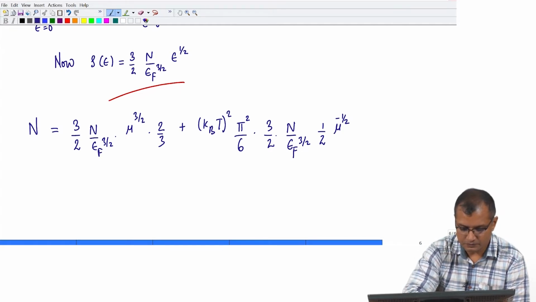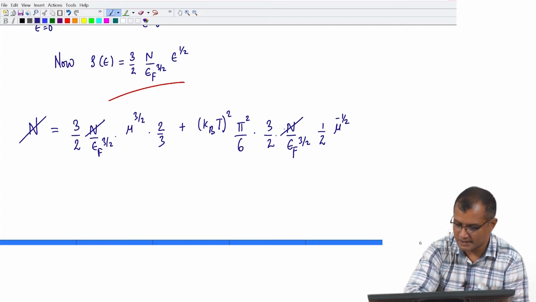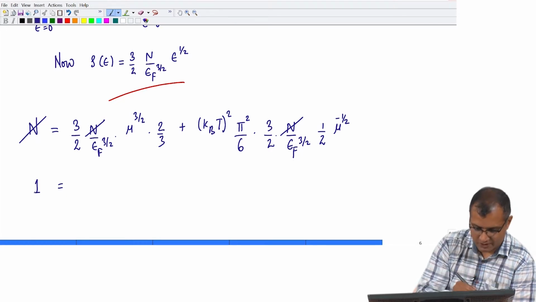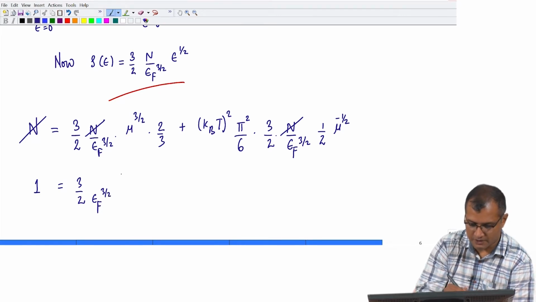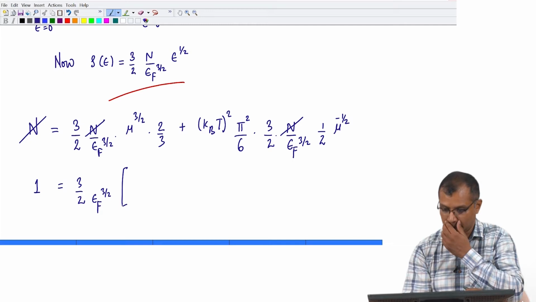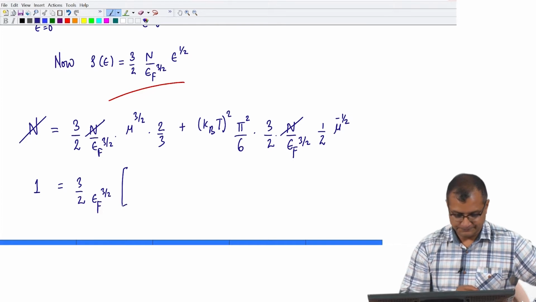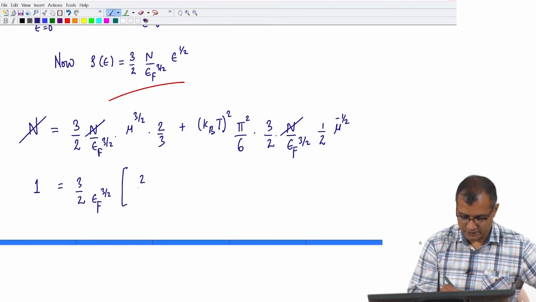So, what you can do straight away here is knock off these terms from all the sides, and your right hand side becomes 1. You can take 3 by 2 E_F to the power 3 by 2 outside. What you will be left with is 2 by 3.